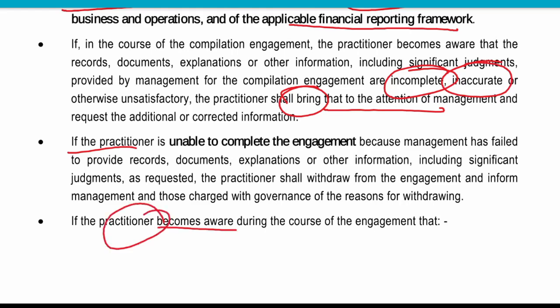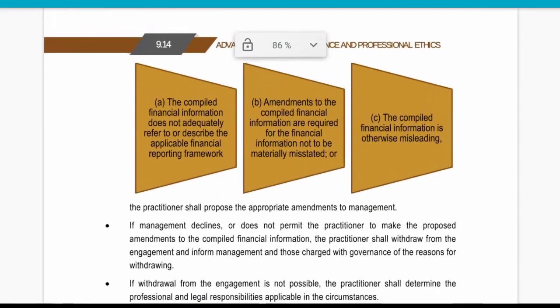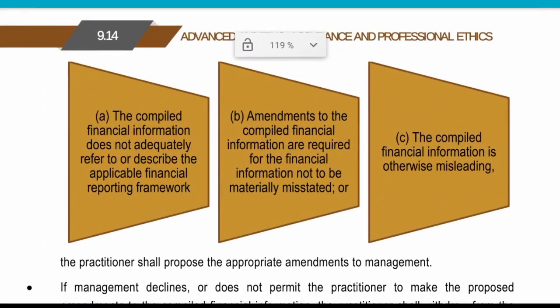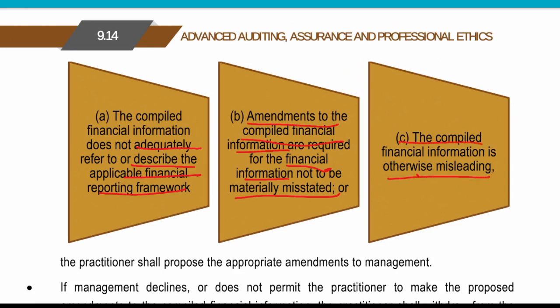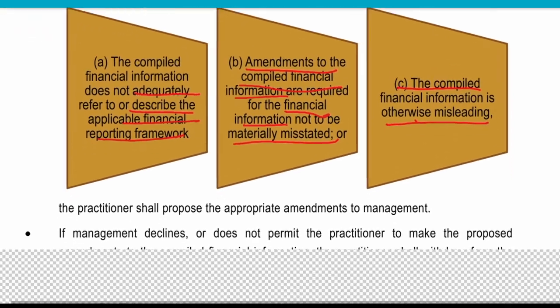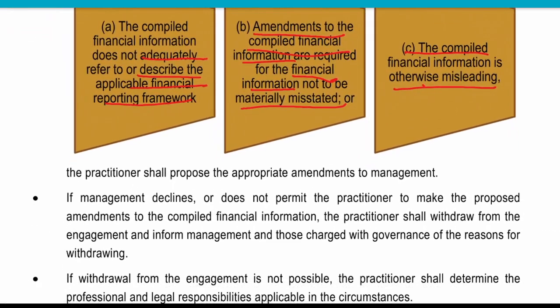If the practitioner becomes aware during the course of the engagement that the compilation of financial information does not adequately refer to the description of the applicable financial reporting framework, or that amendments to the compiled financial information are required so that it is not materially misstated, or that the compilation and the financial information is otherwise misleading, then the practitioner shall propose the appropriate amendment to the management.